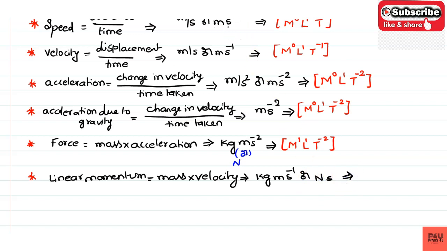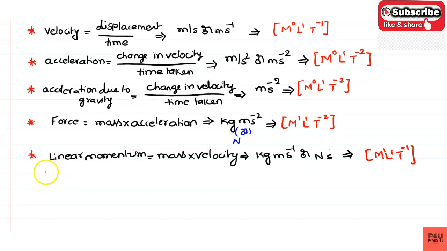Now what is the dimensional formula of this one? Kg is raised to the power 1. So mass power 1, length power 1, time power minus 1. M power 1, L power 1, T power minus 1 is the dimensional formula of linear momentum.